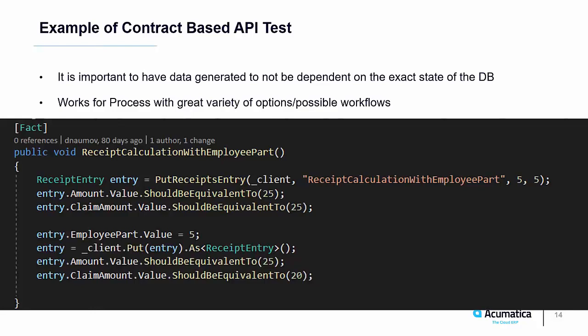For instance, if you have 25 different combinations of tax settings that you all want to check, you can code all of them in the contract-based API test, and the developer can run all 25 calculations within, for instance, a minute. That way, the developer who is working on altering the tax calculation can be sure that he or she only fixes what he or she needs to fix, but does not break anything else.